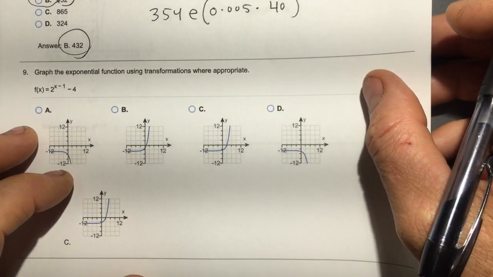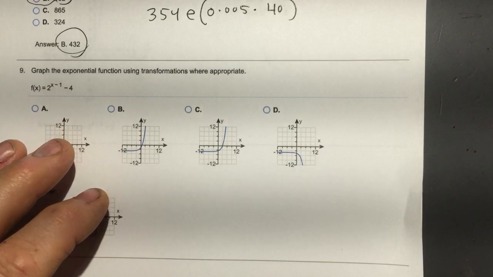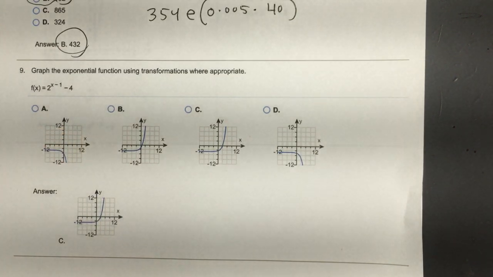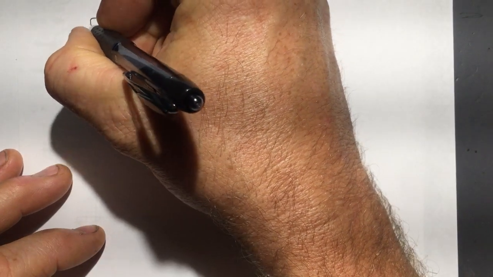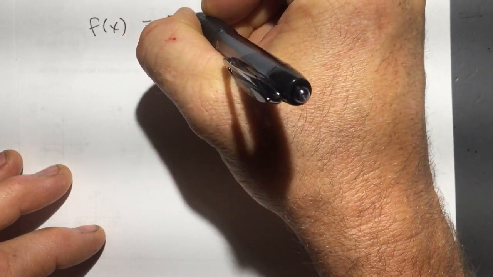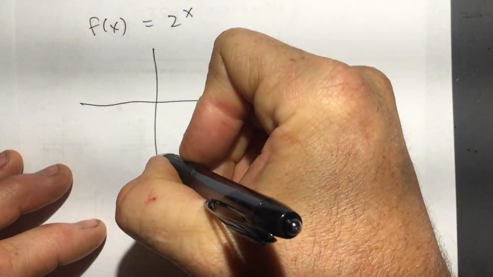So that's exponential functions. Now, we're going to graph those. So if you look down here, these are graphs of exponential functions. Now, an exponential function does this. If you have like f of x equals 2 to the x, it does this right here.